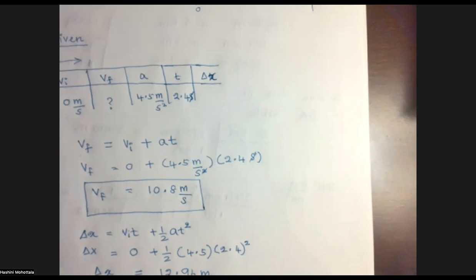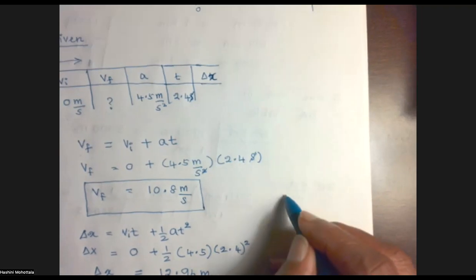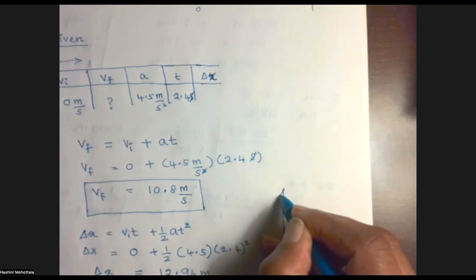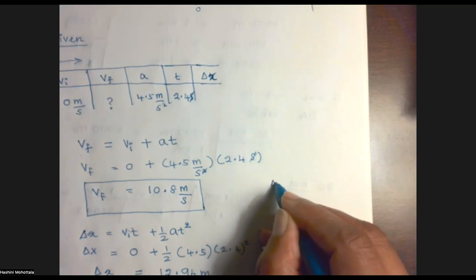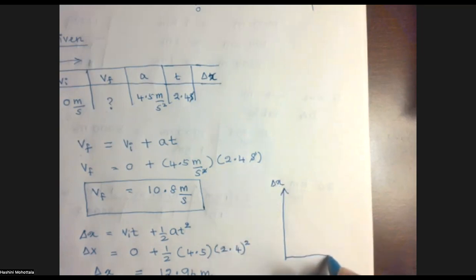So we are supposed to plot position versus time graph, guys. So here you have the position, delta x, and there you have the time axis, right? So let's talk about the points that you know. So at t equals 0, the position also was 0 because the sprinter has not displaced yet.